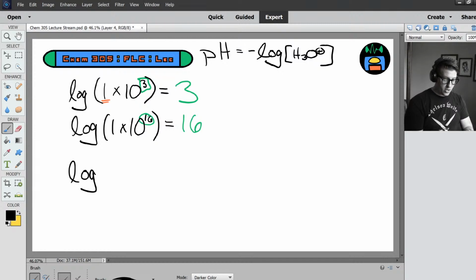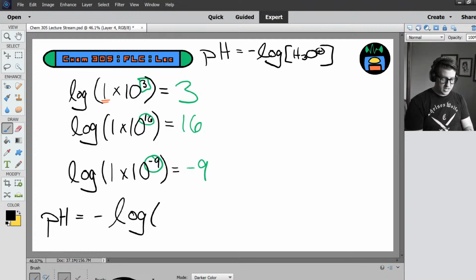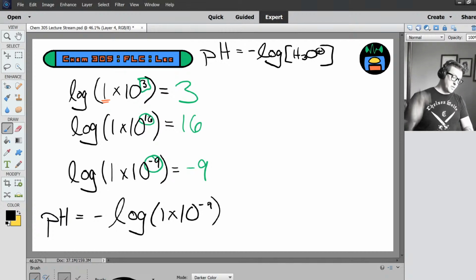So if you took the log, for example, of 1 times 10 to the negative 9, the answer would come out to be negative 9, and that's why your pH is negative 1 times the log. That way we can deal with positive numbers, because our exponents of 10 that we're dealing with are all negative.